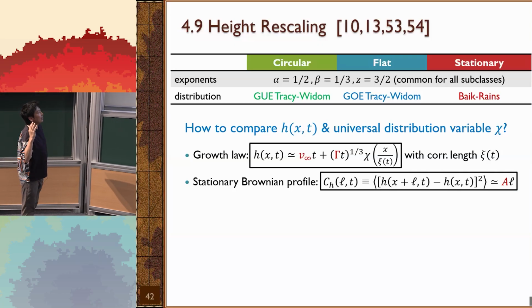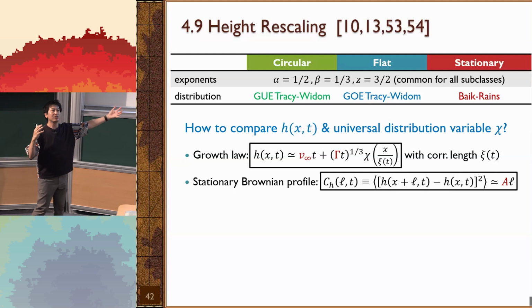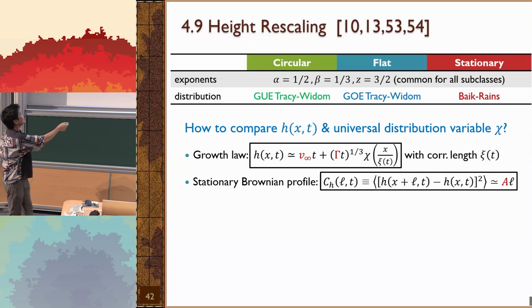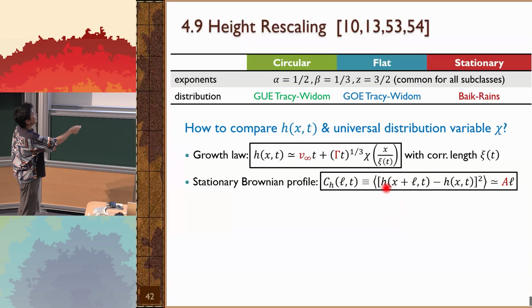And I said that the stationary state of the KPZ equation is equivalent to Brownian motion. So as a result, this mean square displacement should grow proportionally with L. And we can define the proportionality constant A here.